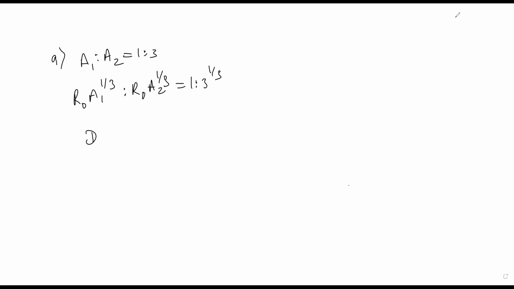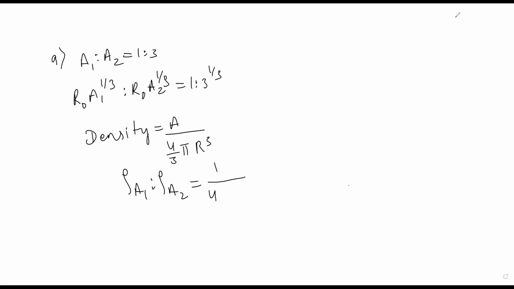So density is equal to A divided by 4 by 3 pi R cube we are getting. Therefore, density of A1 is to density of A2 is equal to 1 divided by 4 by 3 pi R naught cube into 1 to the power of 3 is to 3 divided by 4 by 3 pi R naught cube, 3 to the power of 1 by 3 whole to the power of 3.